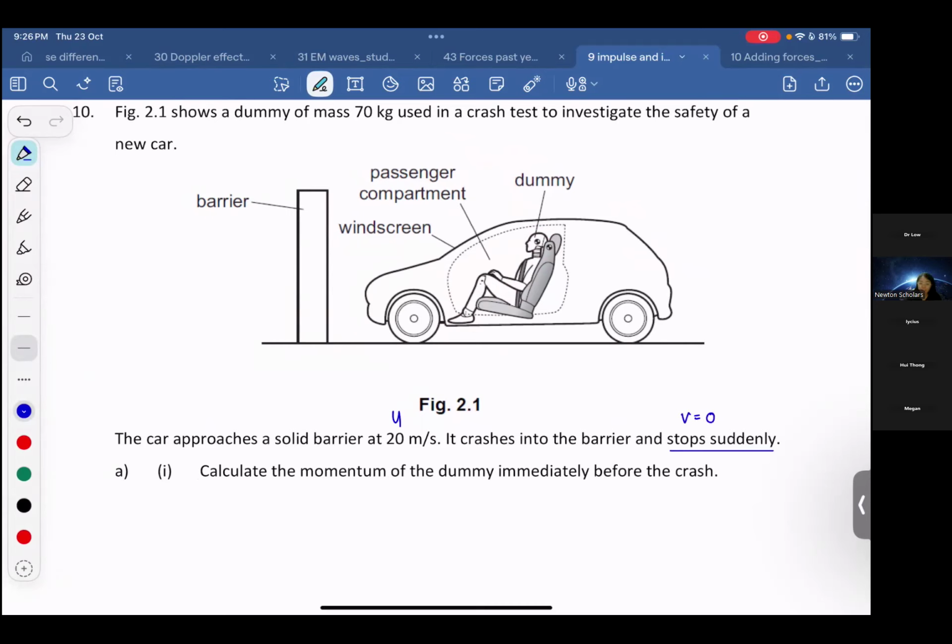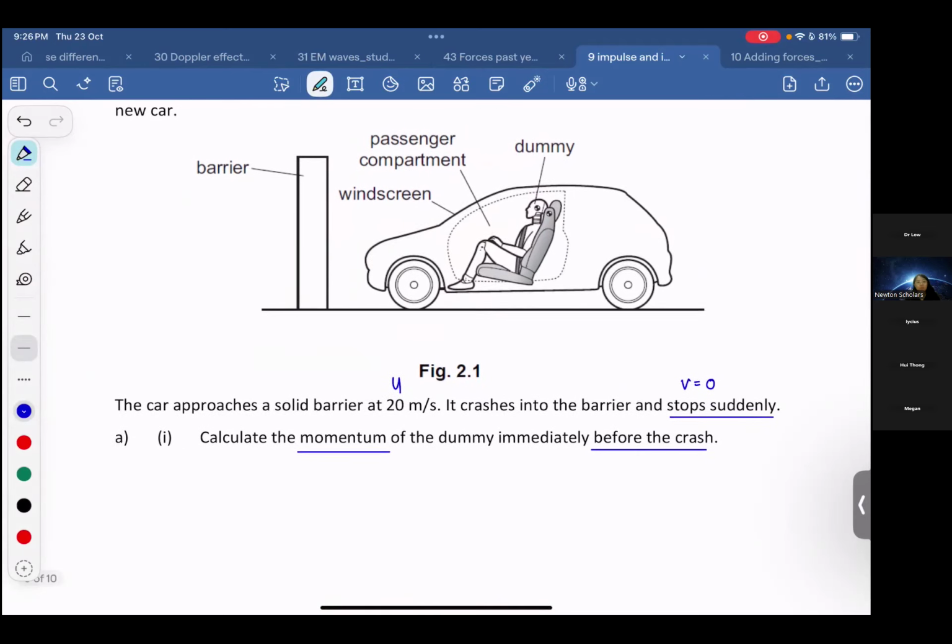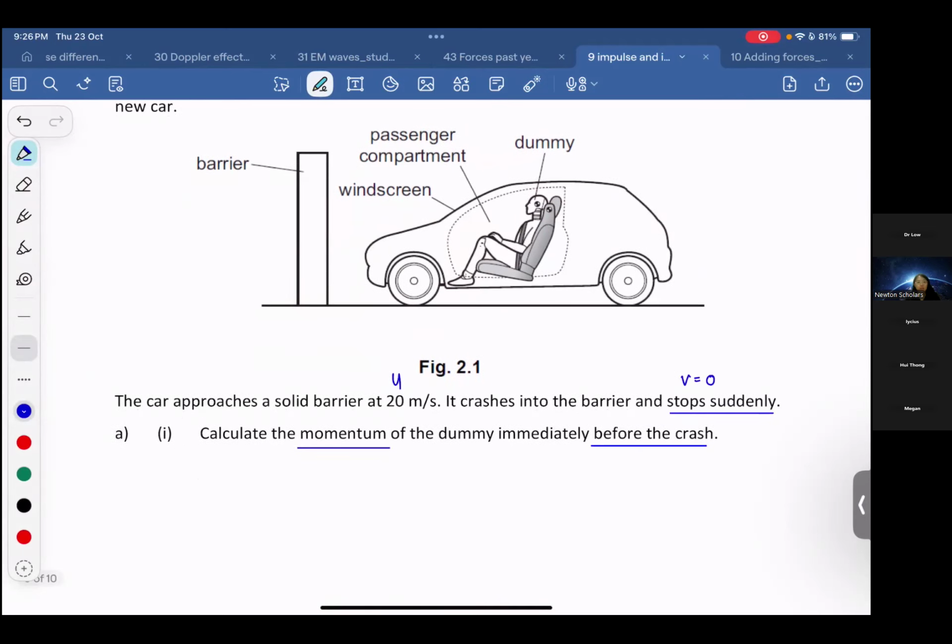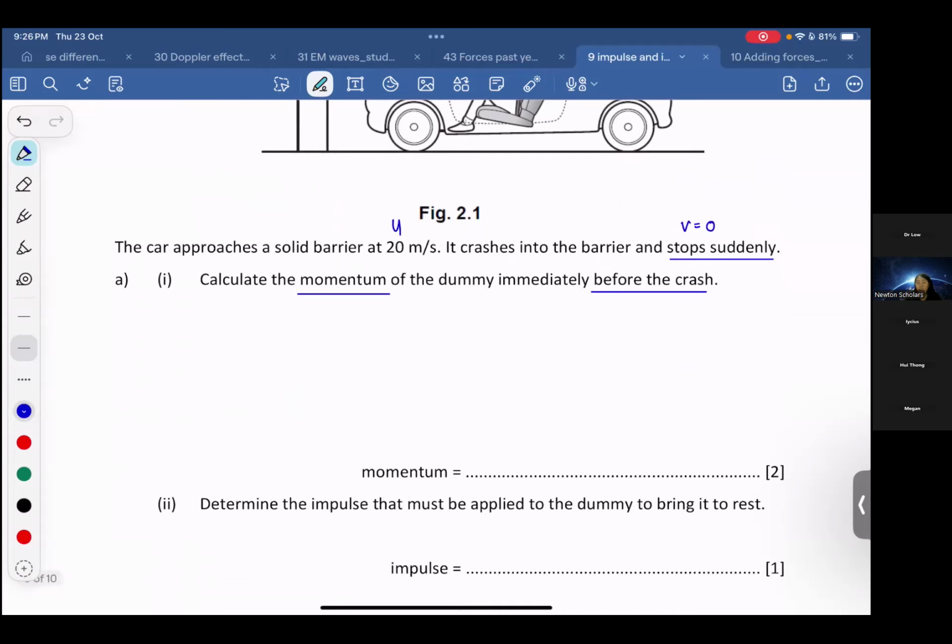Calculate the momentum before you collide with the wall. Can you calculate the momentum for me, before you crash into the barrier? What is the momentum? Always write down formula, substitution, final answer with unit.